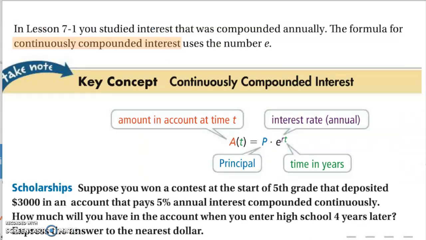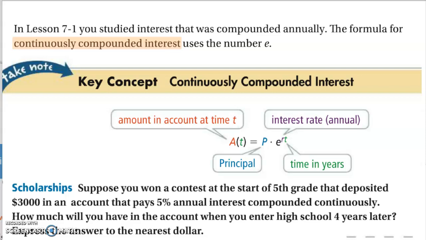Now, we looked in section 7.1 at interest compounded annually. That means you leave your money in the bank for a year, and at the end of the year, the bank gives you interest on your money. But that is not a very realistic way of getting interest. A much more common way of getting interest is continuous compounding, meaning it's unlimited compounding.